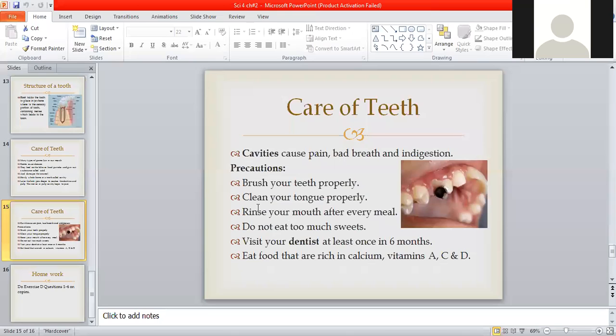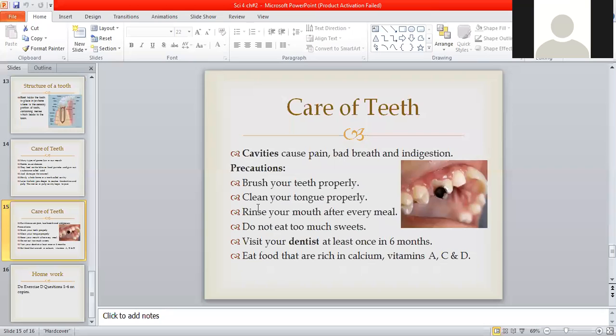And besides that, you are going to brush your teeth properly from the inner side and the outer side. Not only do you clean the area of the teeth which is visible from the front, you brush your teeth from the inner side as well, from the gums area.